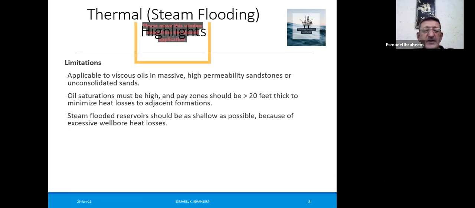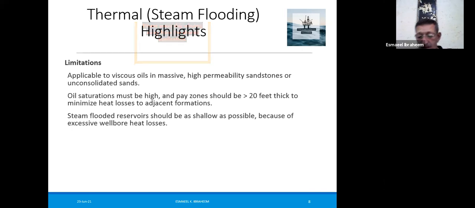I would like to mention a point here. All these operations will be shortlisted, and you will have tables that show you how to use them, what to use, and what the limitations of these processes are, near the end of the course.